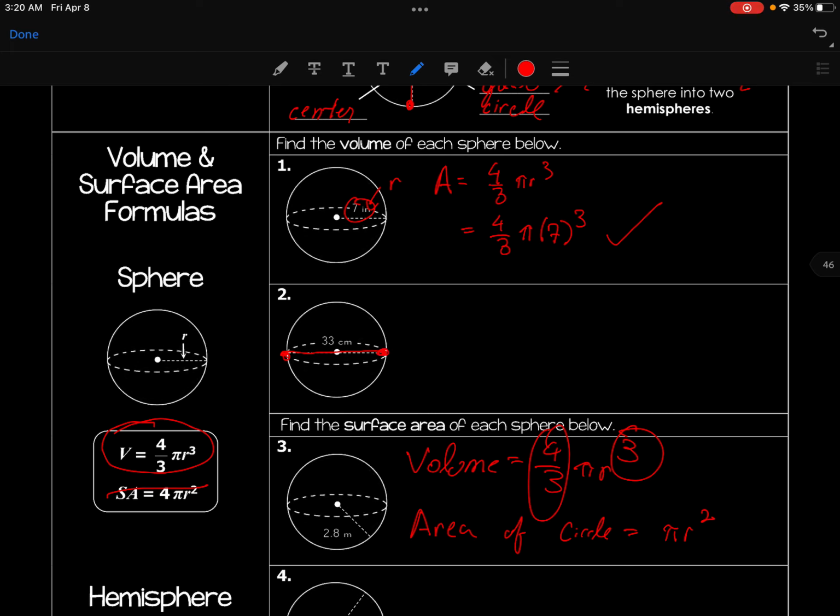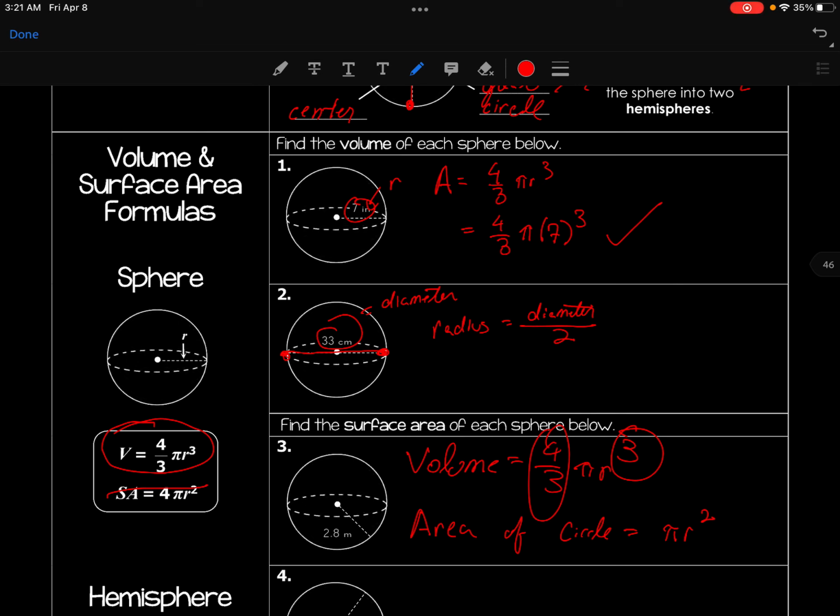The next one, we find that from the edge of the great circle to the edge of the great circle, or the diameter, is 33. In order to get the radius here, the radius is just the diameter divided by 2.